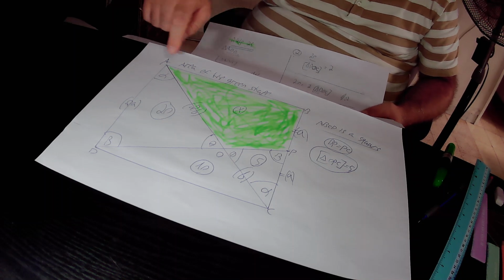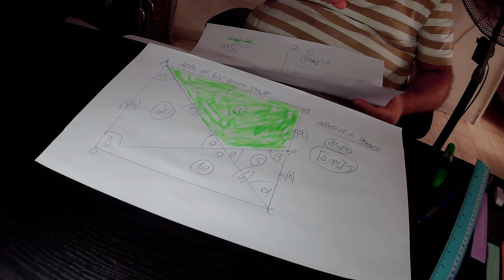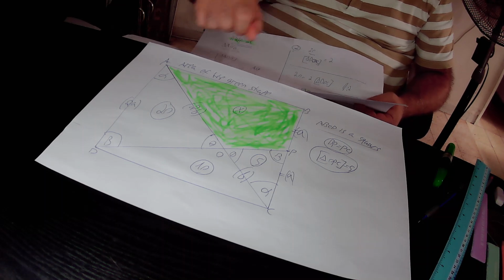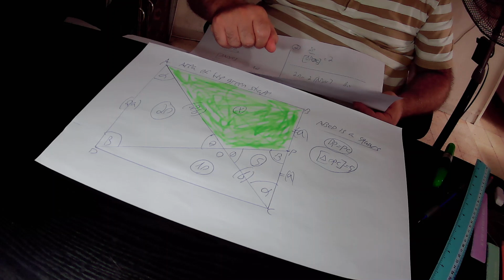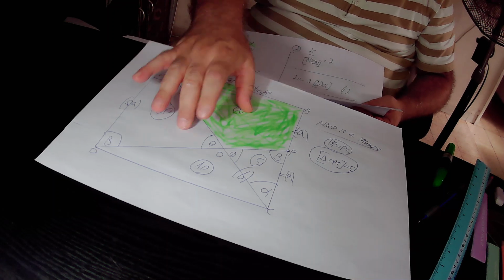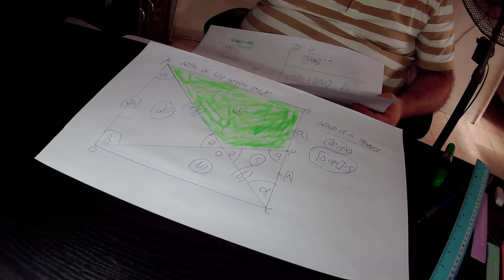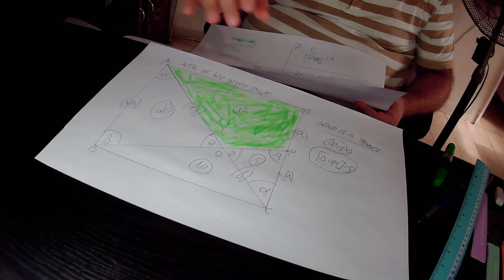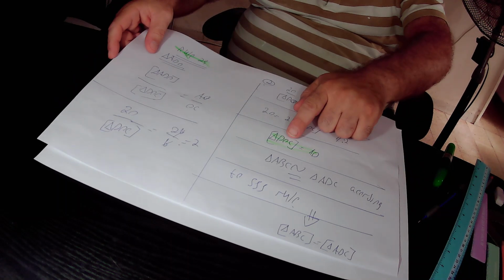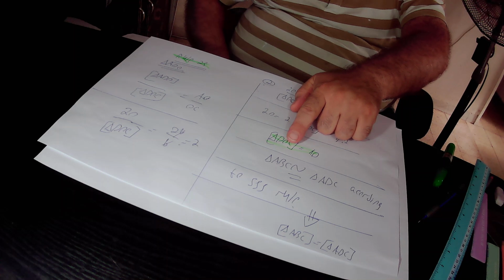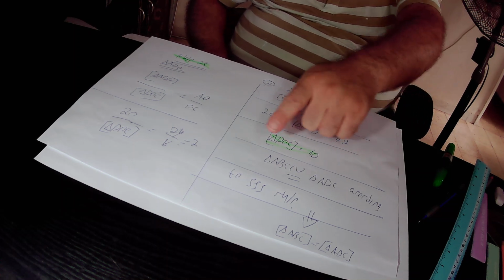And finally, side AC is a common side that belongs to both triangles. So we can write down that side AC equals itself. So those two triangles can go into each other according to the side rule.